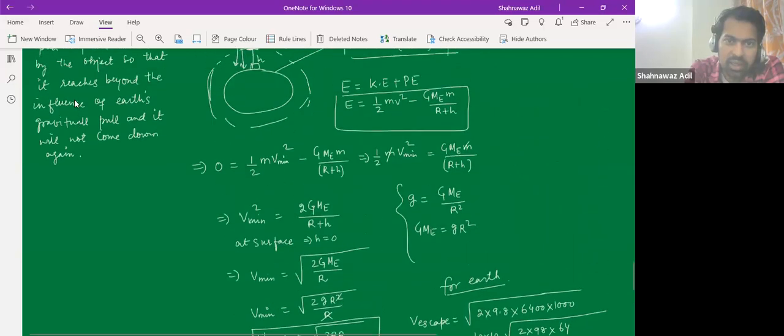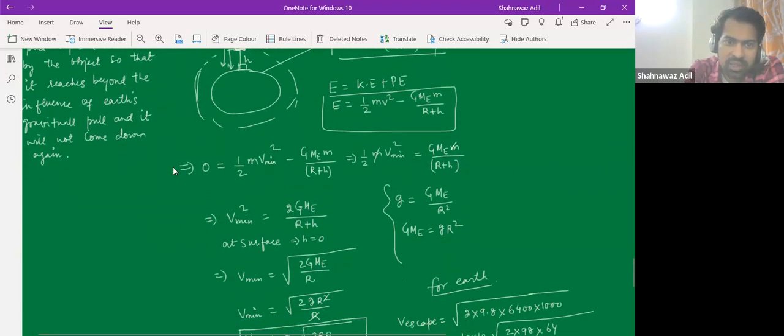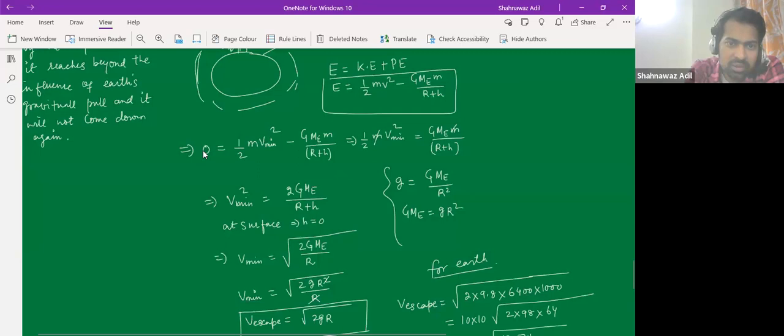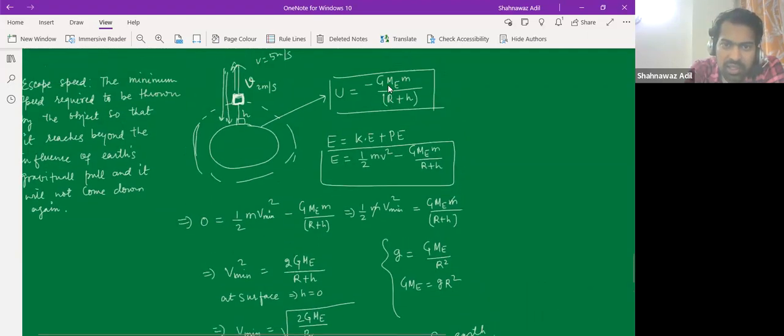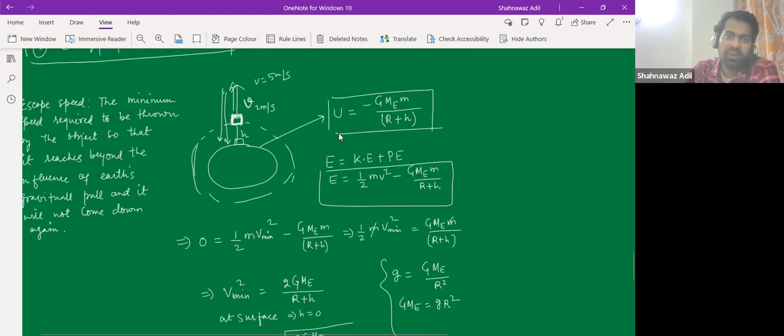And yeah, did you guys understand why this is becoming zero? Because initially the total energy was only this potential energy, so the energy was negative, and we are providing a positive kinetic energy.